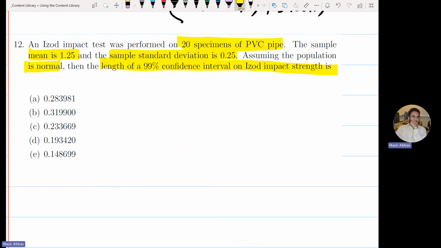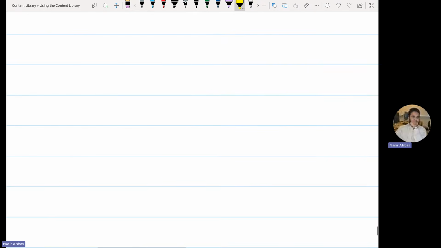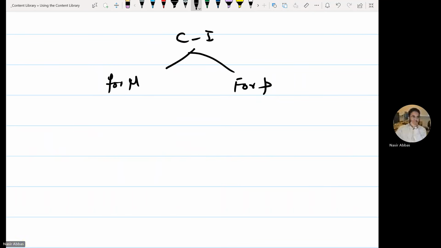So summarizing chapter 8, here is chapter 8. Confidence interval, what am I doing? Confidence interval for mu or for P. For mu, you have two cases: sigma known, sigma unknown.